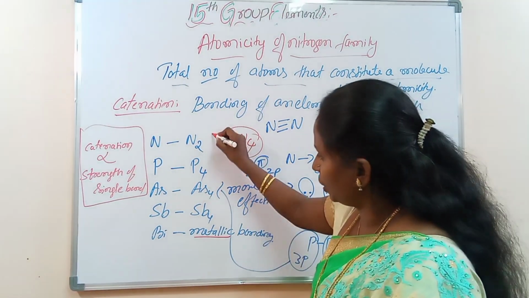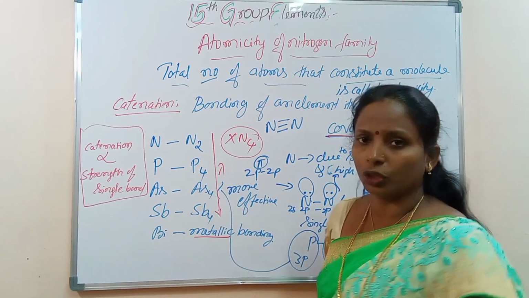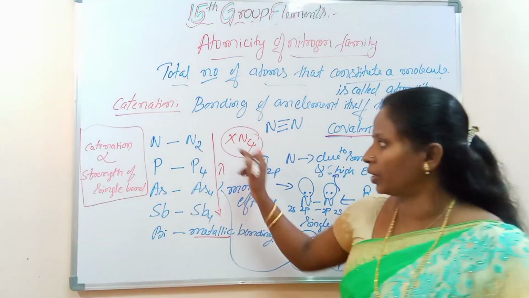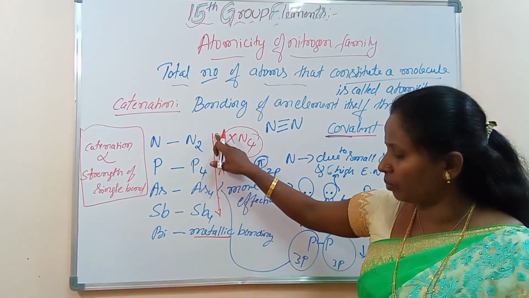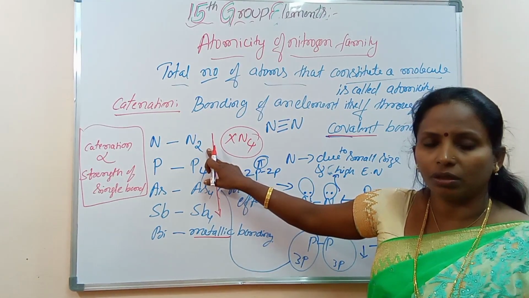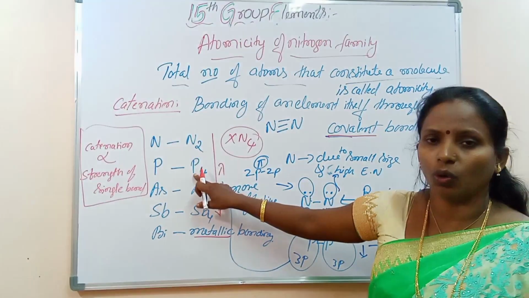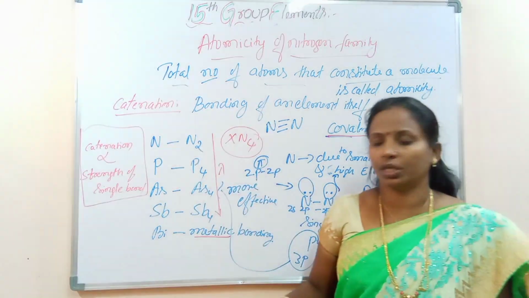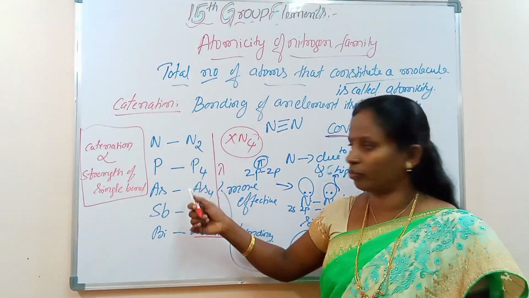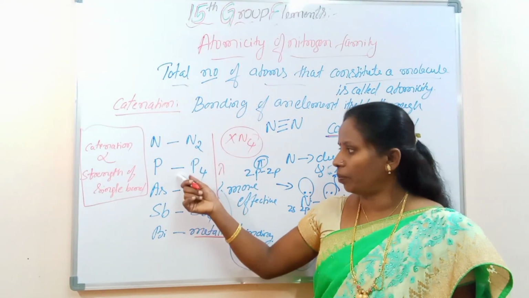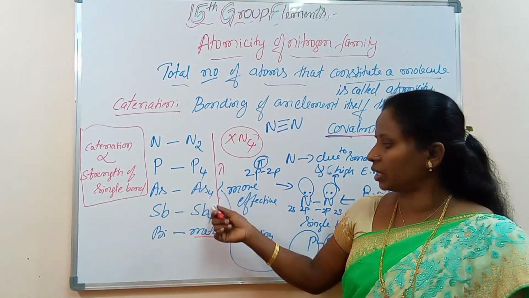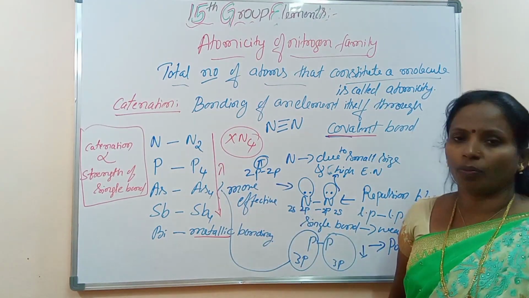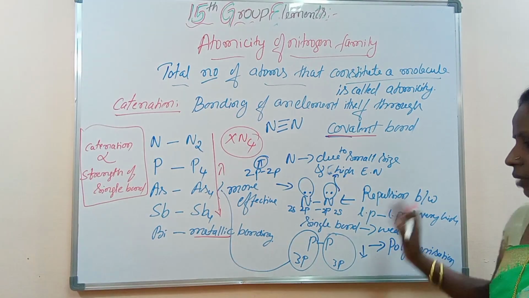Here the catenation property increases down the group due to the increase in strength of single bond. From top to bottom, in nitrogen the single bond is weak compared to the P-P single bond. As the single bond strength increases, the catenation property also increases, so nitrogen exists only in dimer form, not N4. But phosphorus, arsenic and antimony exist in E4 forms because of the increase in single bond strength, and so they form polymerization.